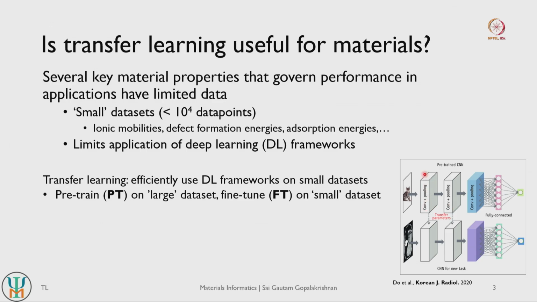So in principle you can use all of the information that has been learnt here. All of this information basically tells you which are the important features to read from an image. So you can transfer this knowledge into your target task. So how do you actually transfer this knowledge?